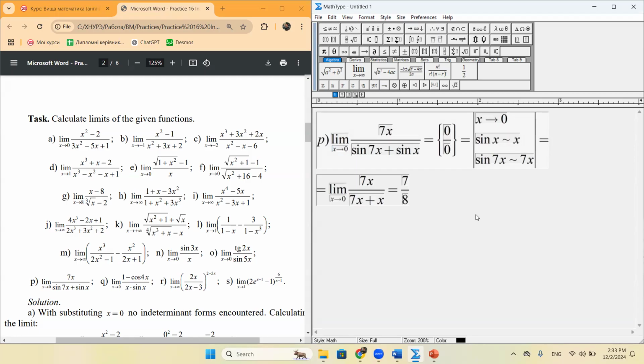Also, there are infinitely large functions, I forgot the term in English, so we also have the opposite case, equivalences that we can use for infinite limits. But here are such equivalences: sine of x is equivalent to x, tangent of x is equivalent to x, arc sine, arc tangent, and we will use other equivalences as well.